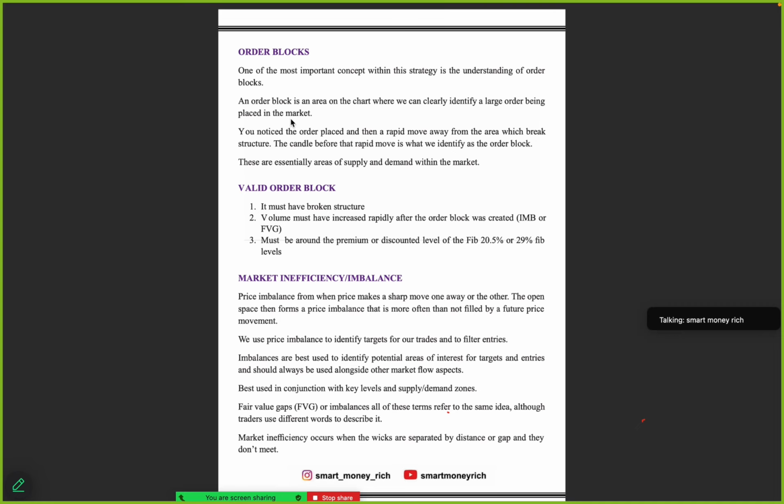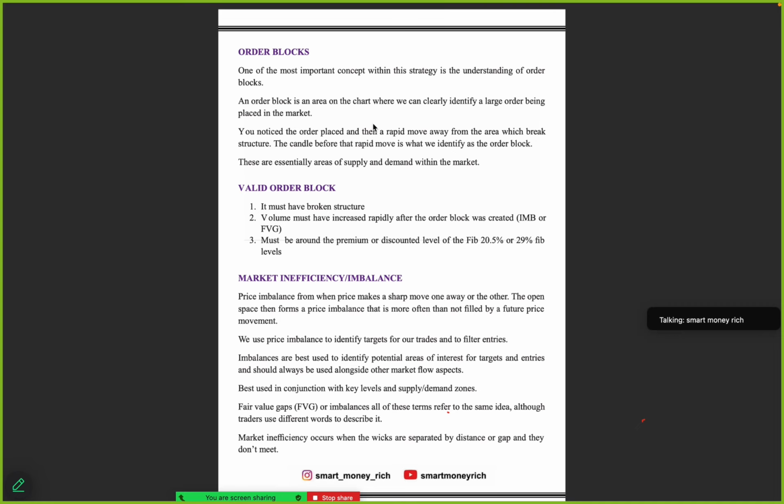When the market gets to that level and triggers or mitigates that order block, the market will then move in the opposite direction after the mitigation. If it mitigates an order block that is a supply, it pushes to the downside. If it mitigates an order block within the demand, it pushes to the upside.